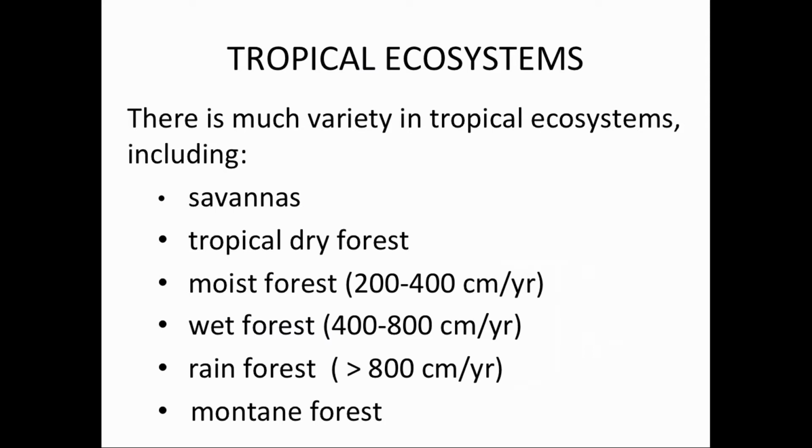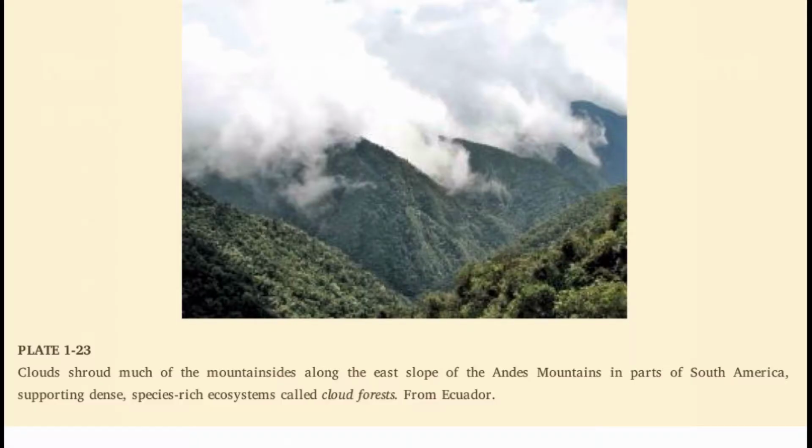And then, depending upon its elevation, another significant tropical habitat are the montane forests, that is, going further up a mountain. And one of the most impressive montane forests are those of cloud forests.